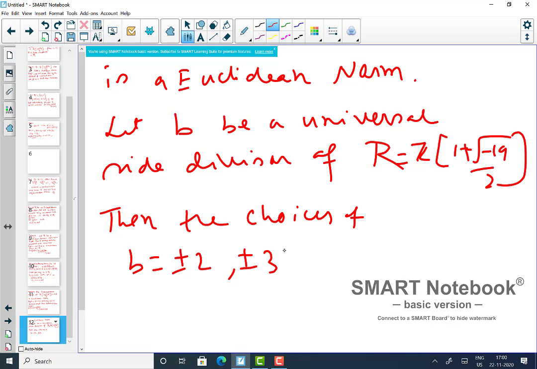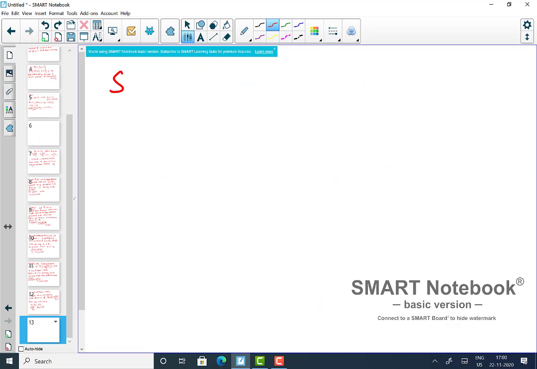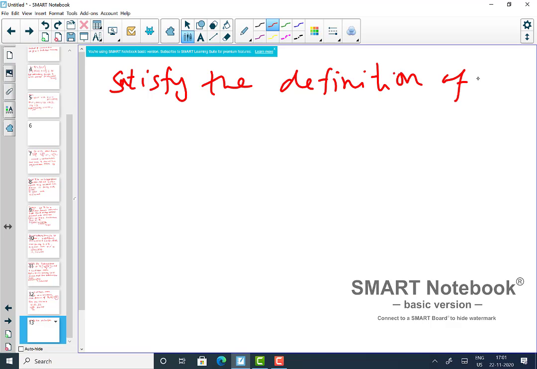So what does that mean? That means again that you can prove that this (1 plus square root of minus 19)/2 does not satisfy the definition of the universal side divisor, right?